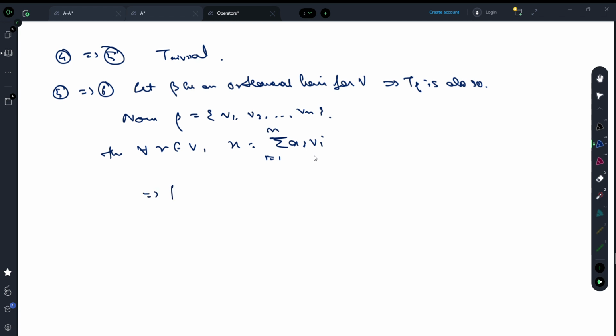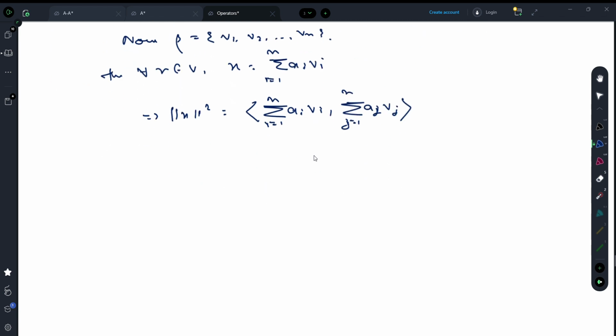Then the norm of x squared is the inner product of summation ai vi with summation aj vj. Since these vi's come from an orthonormal set, this is nothing but summation i equals 1 to n of mod ai squared. Let this be statement star.